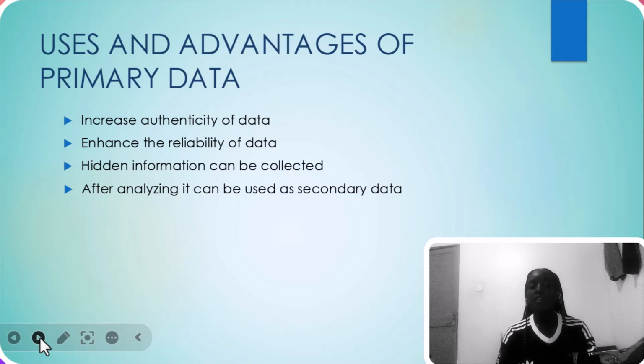Sometimes those people who make primary data, primary information, most of them can even die. Historically, they died, but now they have written books for our generation to gain the information, and that is secondary data.